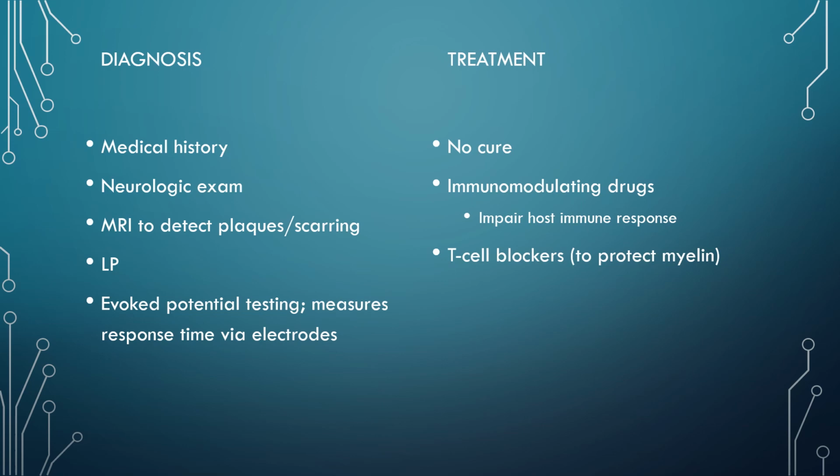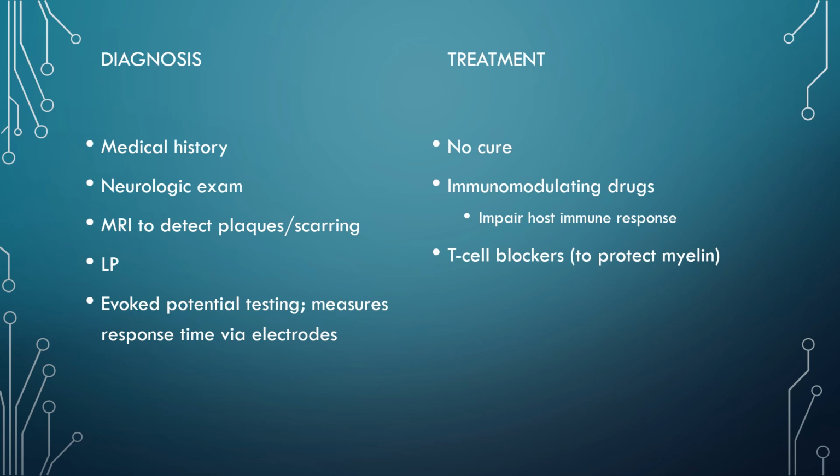While there's no cure for MS, we do have a couple of drugs that seem to help a little bit. They can lessen some of the symptoms and lessen some of the suffering. There are immunomodulating drugs that impair host immune response, and then T cell blockers to protect myelin.